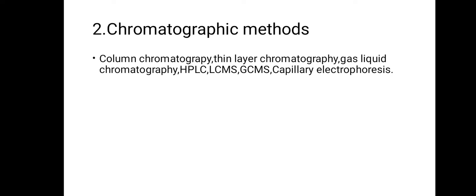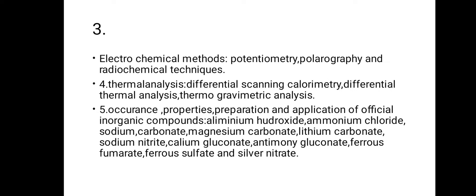These are the chromatographic techniques by which we can identify the compounds within a sample or the molecules within a drug. Other techniques include electrochemical methods, which are potentiometry and polarography, radiochemical techniques, and thermal analysis: differential scanning calorimetry, differential thermal analysis, and thermogravimetric analysis.